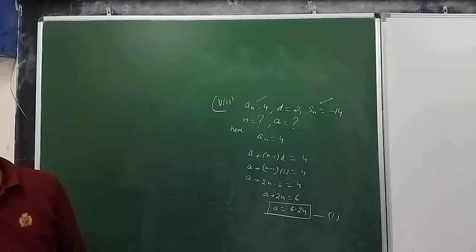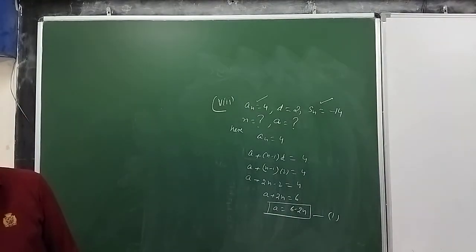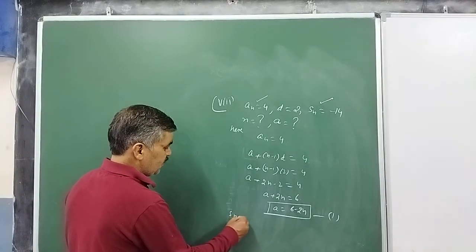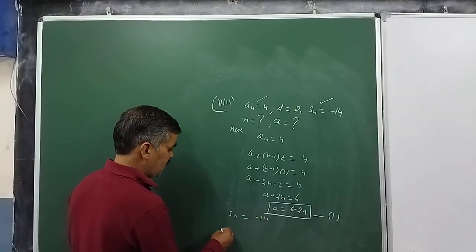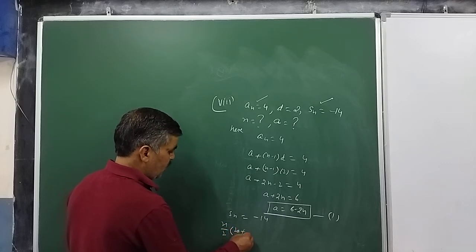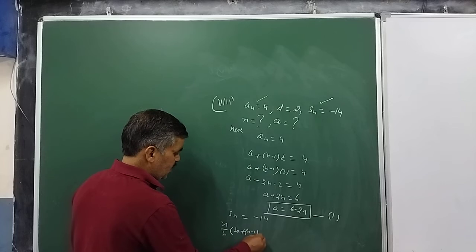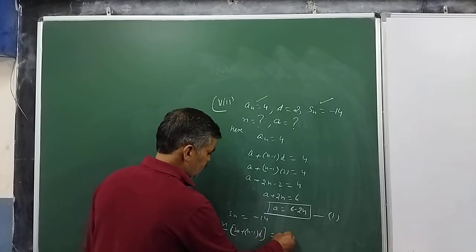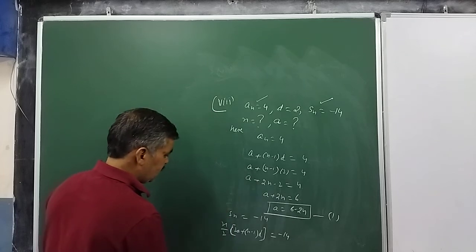Then I will be using the second equation, that is Sn is equal to minus 14. So when you will be using this minus 14, you see n by 2 into 2a plus n minus 1 into d is equal to minus 14.